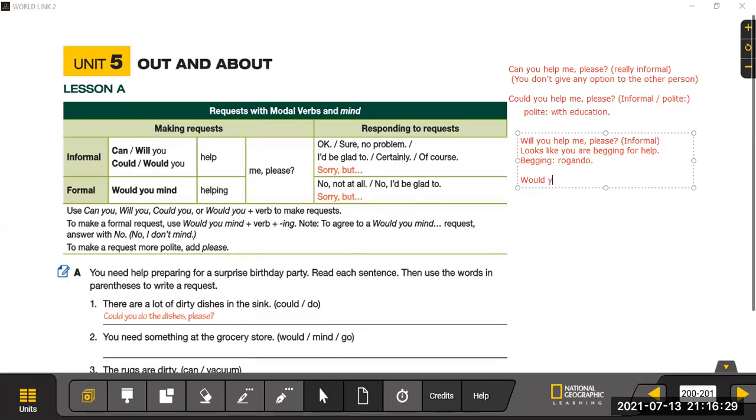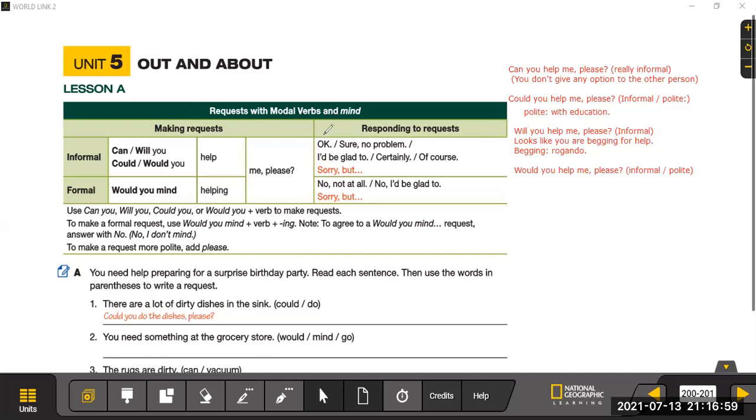And would you help me? Would you help me, please? That is informal, but it's polite. Okay, that is the difference. They are all informal, but they are different.